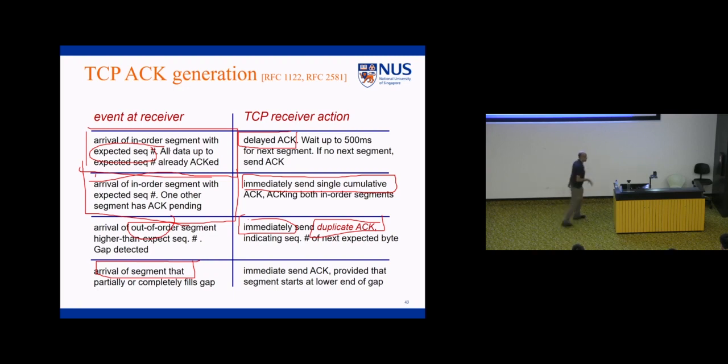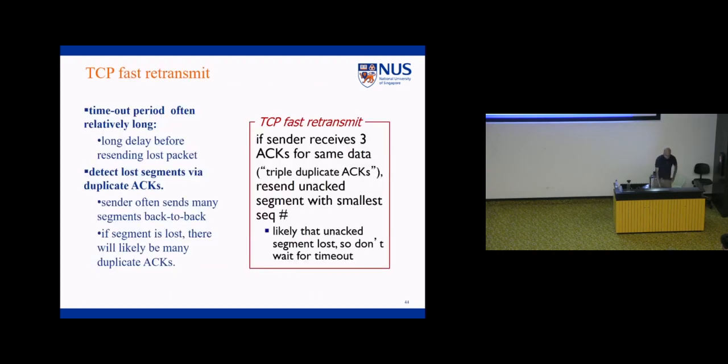Okay? So let's see this in operation and why this is important, especially the bottom part. The bottom part is used for the second thing in TCP for detecting losses. Of course, we had timeout, right, previously. The second way TCP detects losses is through something called fast retransmit.